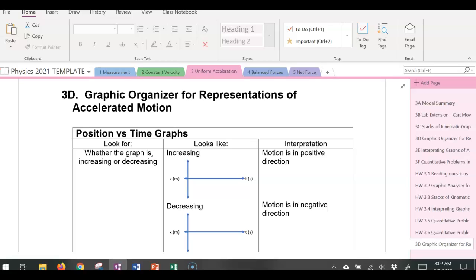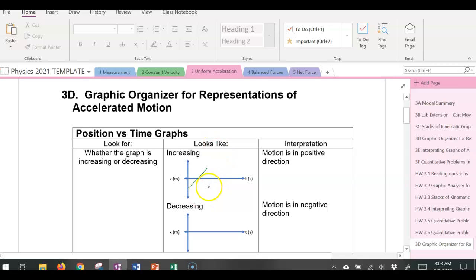I'll draw a few ways for how it might look if it's increasing. One example is it might look linear with a positive slope. That's a line with a positive slope, so it's an increasing graph. But it could also be curved.